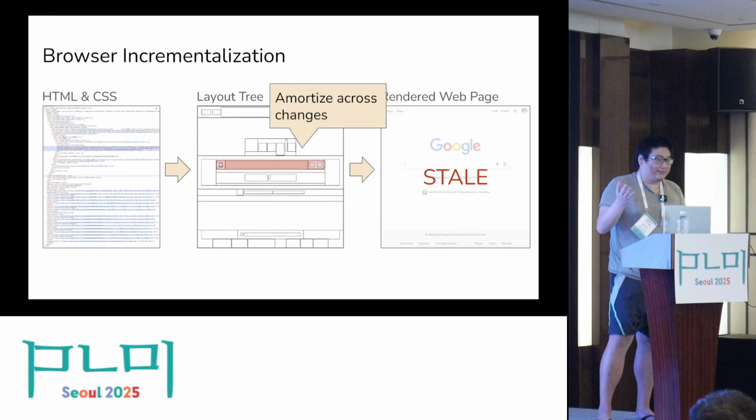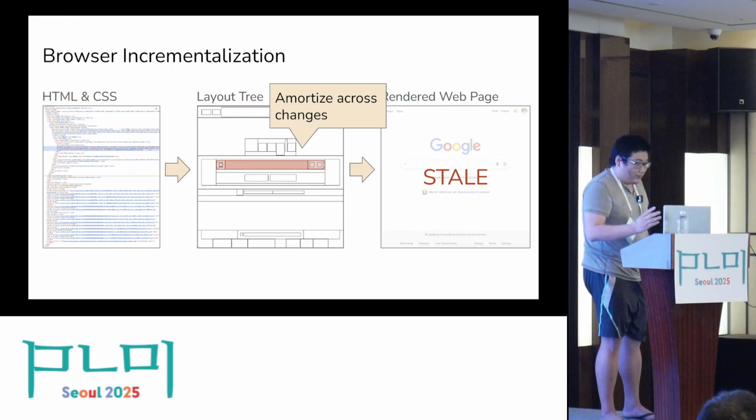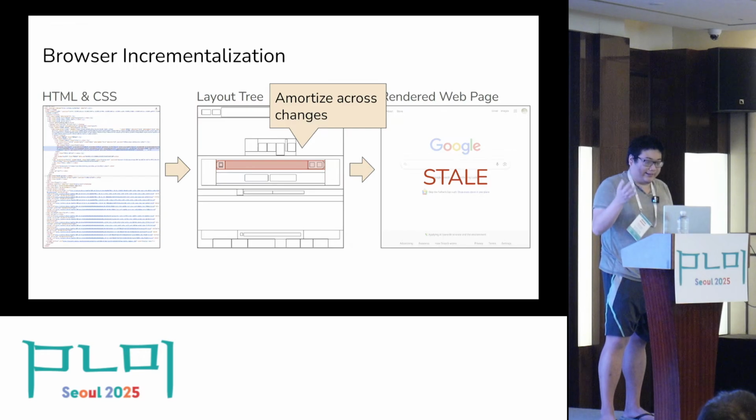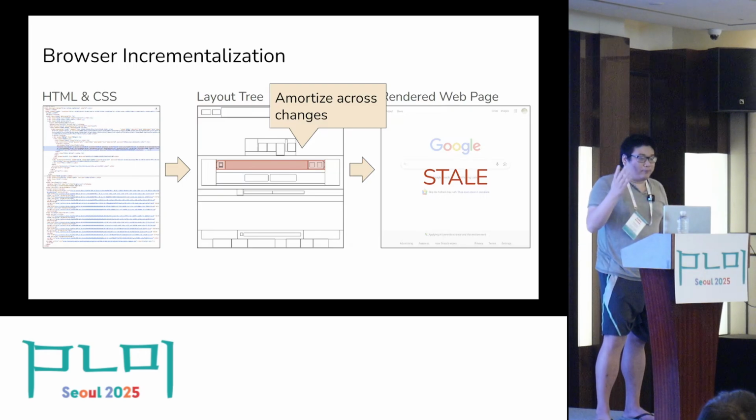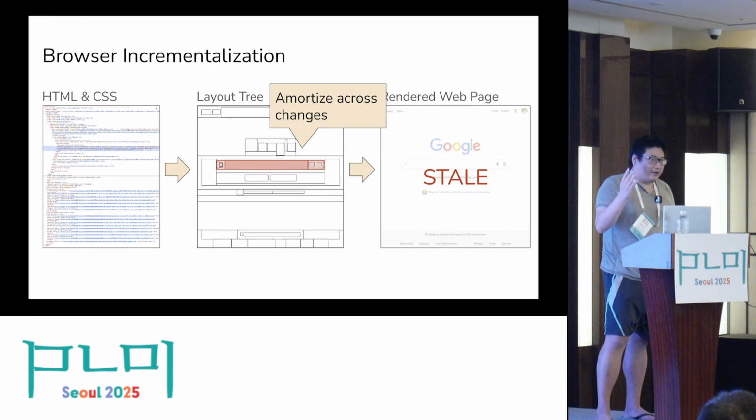So how does the browser deal with this huge computational demand? Two tricks: incrementalization and amortization. In particular, this means that when the tree is changed, the browser doesn't immediately recompute the layout. Instead, the browser merely marks what is affected by the change with a dirty bit.